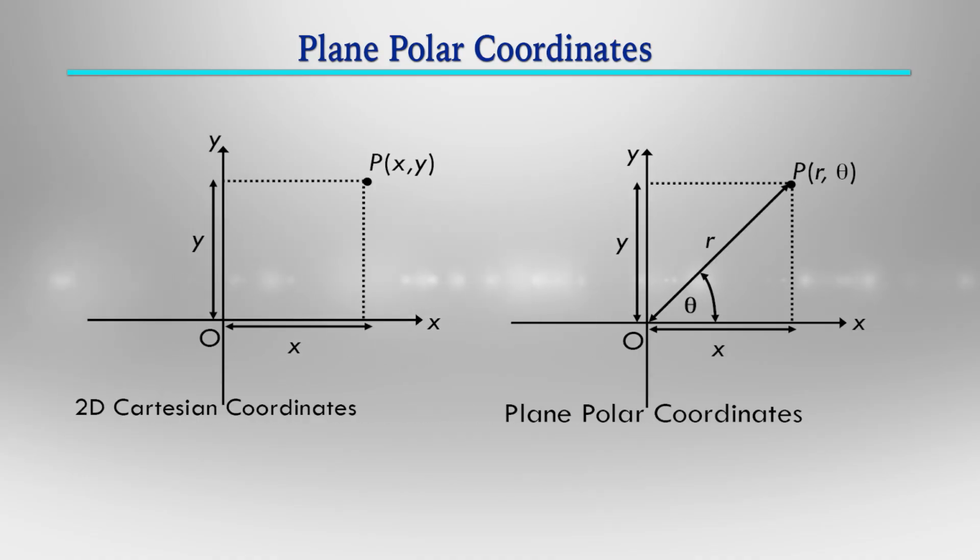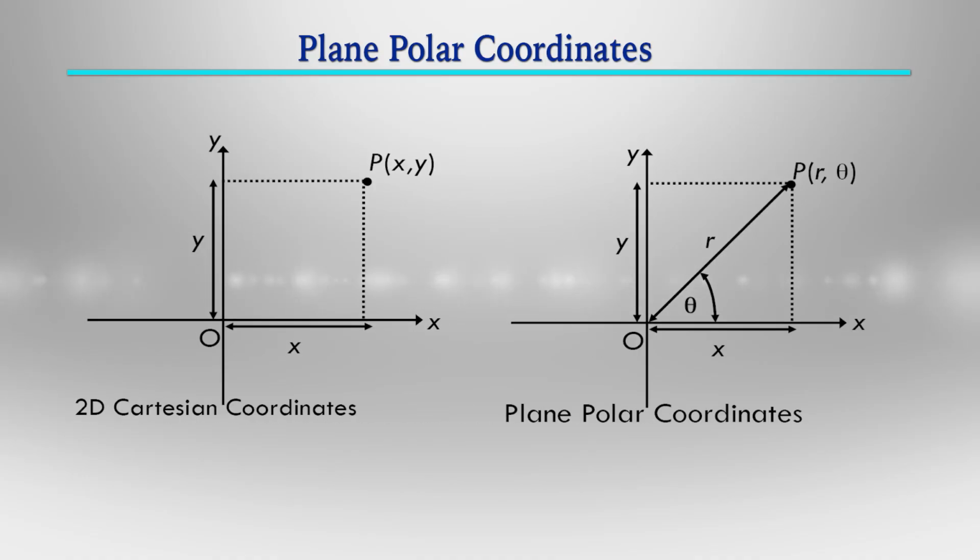Now, before we describe the details of angular motion under a central force, let us talk about a type of coordinate system that we use to describe angular motion, and in particular this is used to describe general angular motion. Let us look at the familiar first, the 2D Cartesian coordinate system.